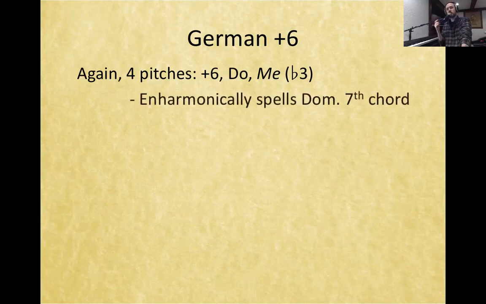One of the things that's really unique about the German augmented sixth is that enharmonically, if we respell it differently, it's the same as a dominant 7th chord. So let me play that out for you. So we'll say this is lay. Here's lay, do, may, and fi. Right?